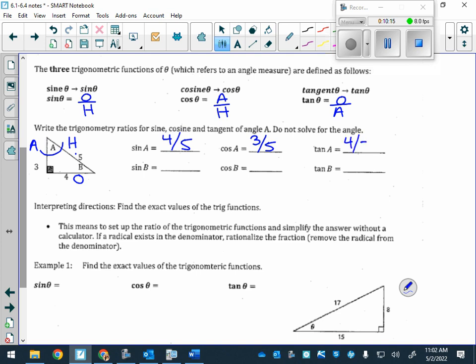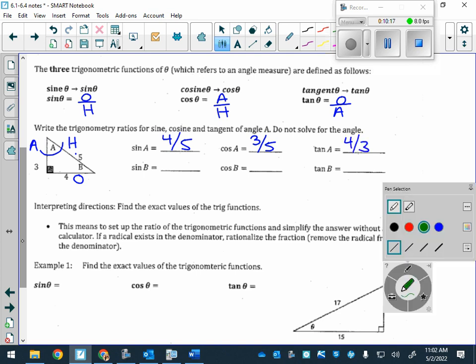Good. Okay. So now if I switched to angle B, this side length becomes what? Opposite. This side length, adjacent. Is my hypotenuse still the same? Yep. So what is the sine of B now? 3 over 5. Good.